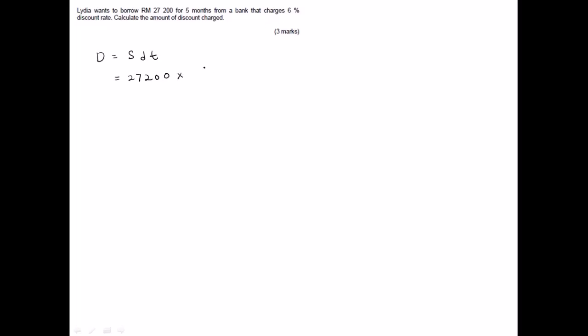Our d is 6%, 0.06. 5 months, 5 over 12. We get RM 680.